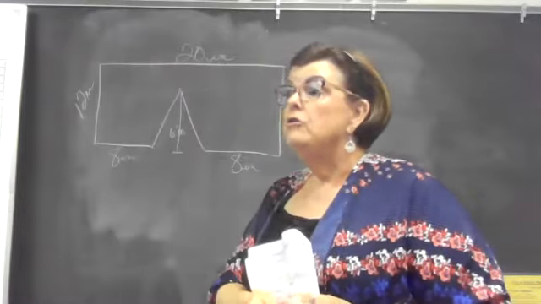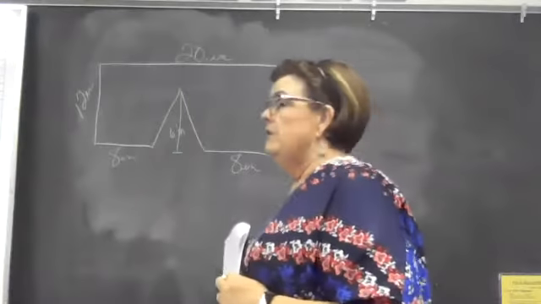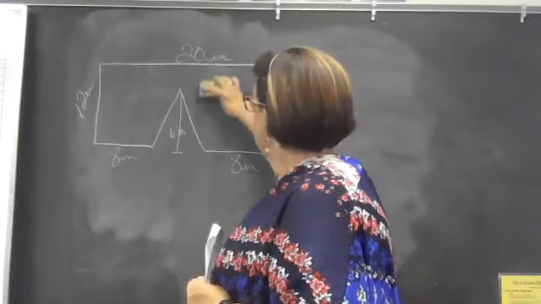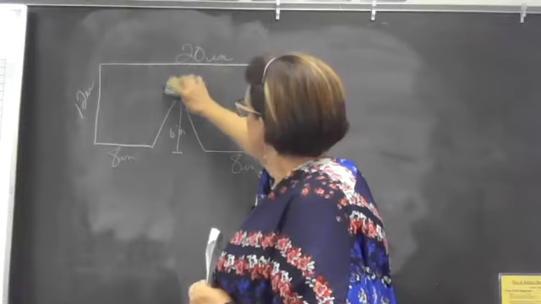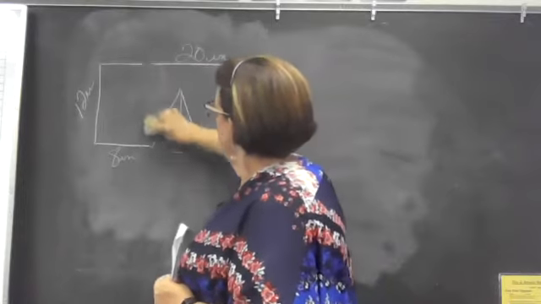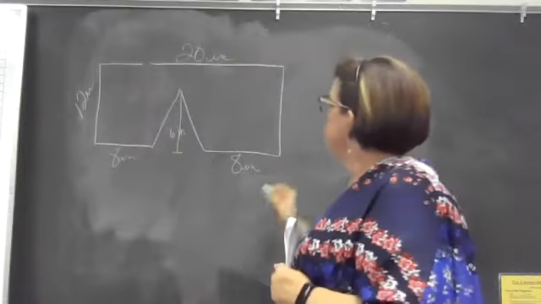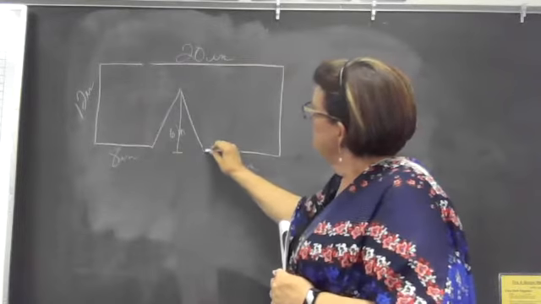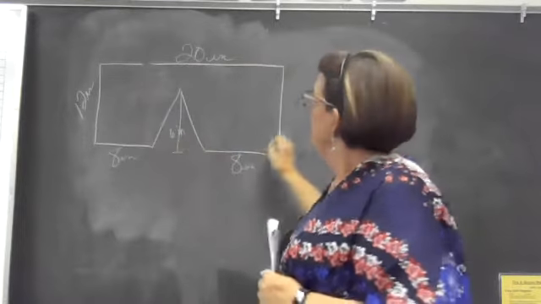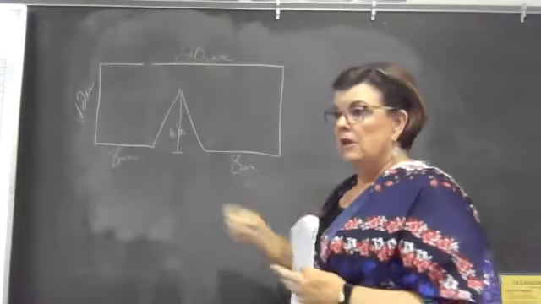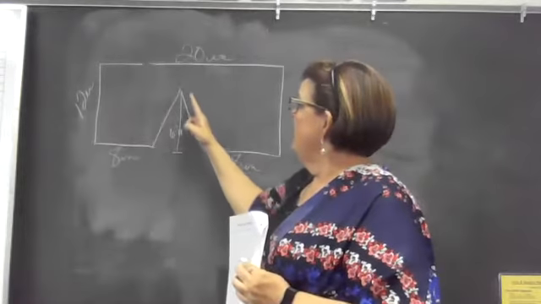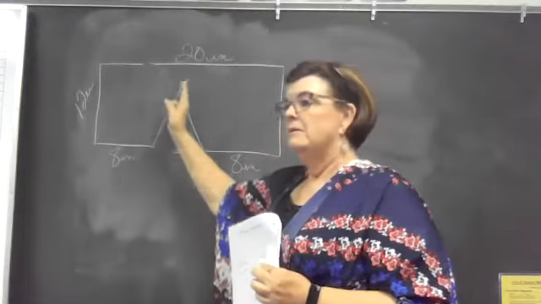We could do that. I love the other way. If we can think backwards or inside out or whatever you would call it, let's find the area of this entire rectangle, and then let's just cut out the piece that we don't want.